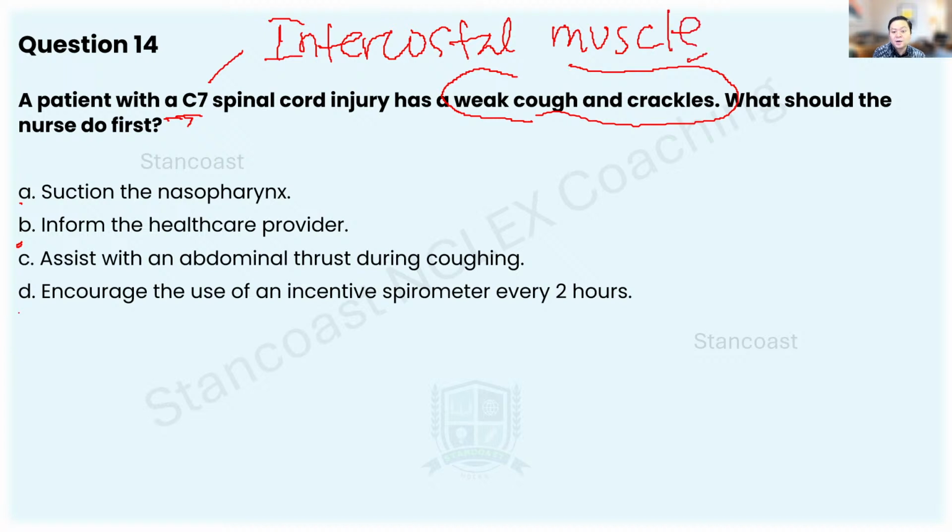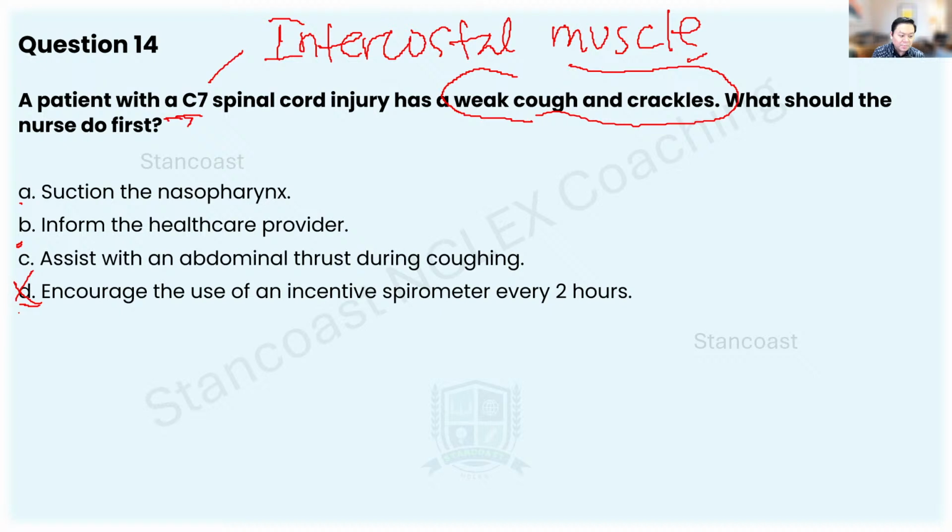They are weak in assisting the coughing action. They're not going to be effective in creating or voluntarily having that cough. They will not be able to do that effectively. So again, incentive spirometer will only be beneficial to maintain expansion, but not about the coughing itself.